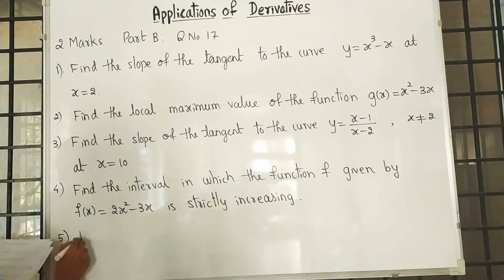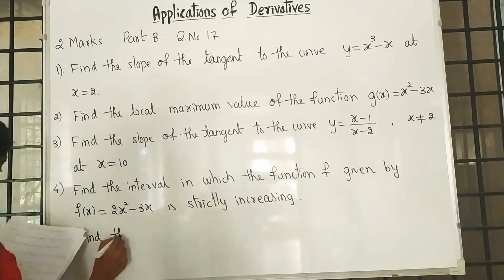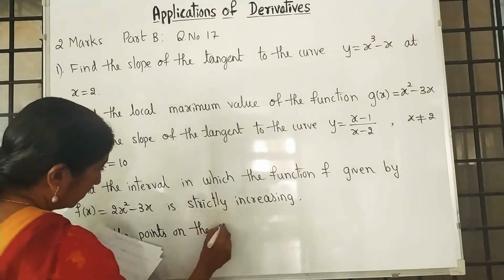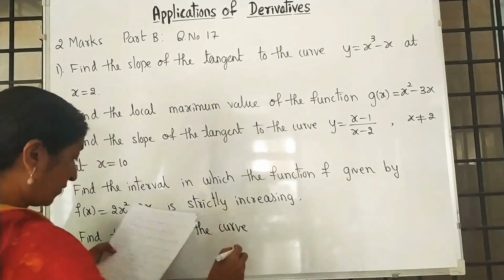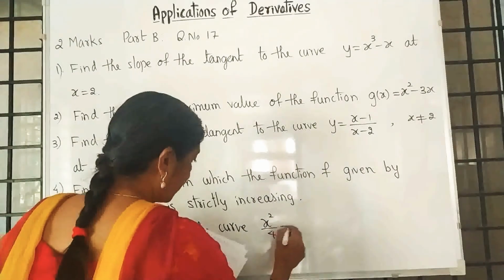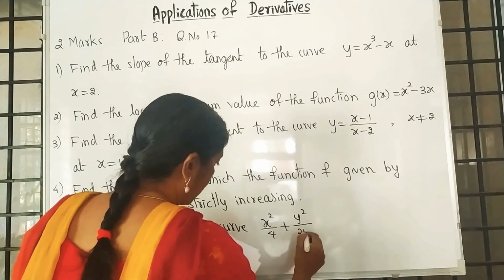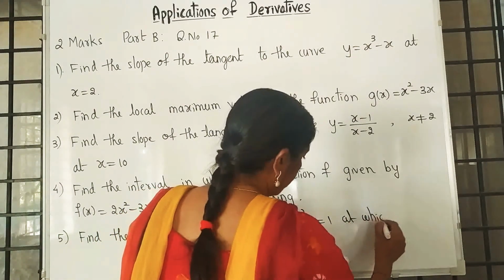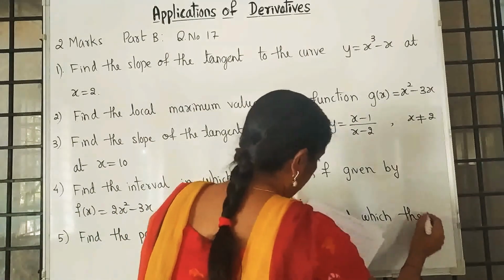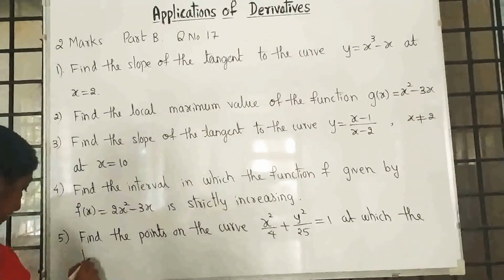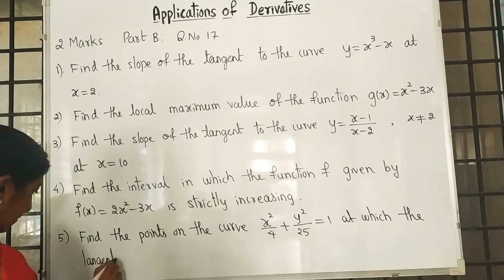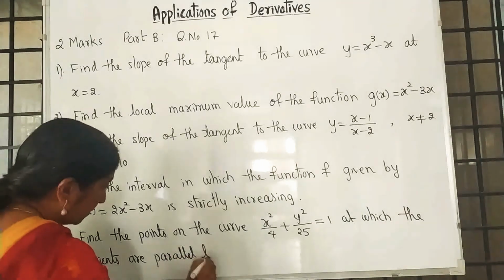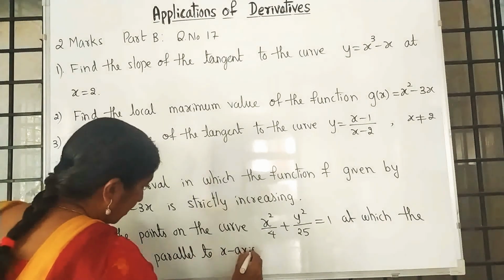Fifth question, find the points on the curve x square upon 4 plus y square upon 25 is equal to 1, at which the tangents are parallel to x-axis.